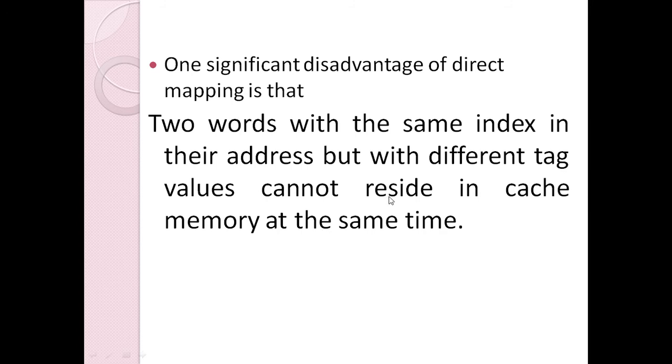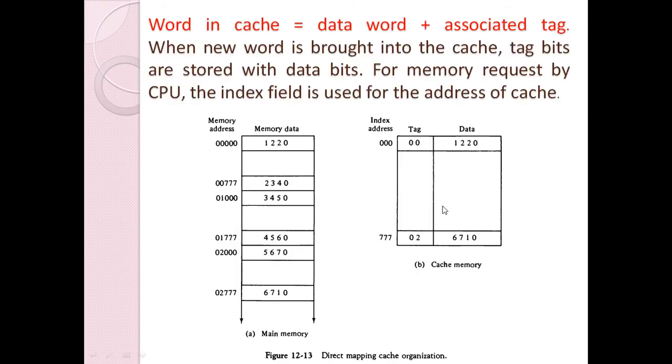So one significant disadvantage you can observe is that two words with the same index in their address but with different tag values cannot reside in cache memory at the same time. So say here you see 00777, 01777, 02777. If the index is the same and the tag is different, then these words cannot go simultaneously.